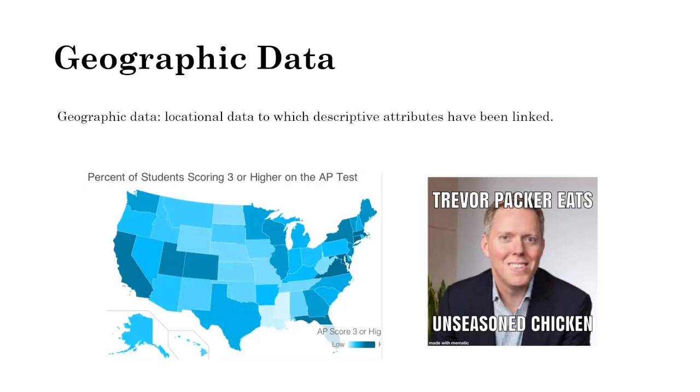We could say Florida, California, Virginia, Massachusetts, those students pass AP tests at a higher rate. Now, this map doesn't say why they pass these AP tests at a higher rate. It just tells us this is what's happening in the world. It gives us the data. It doesn't give us a why or a how or anything.